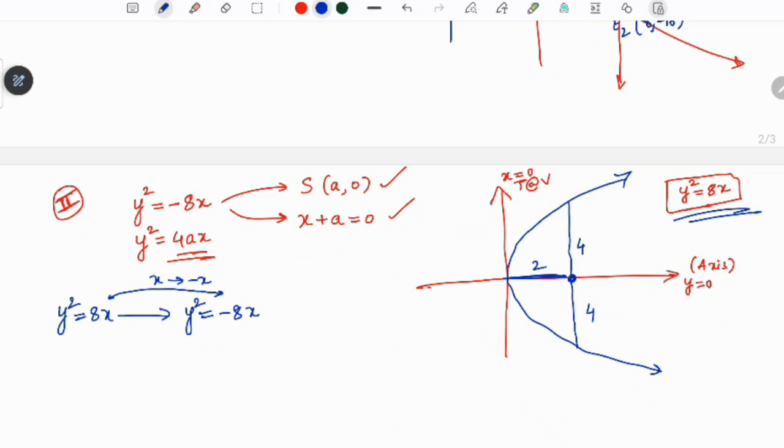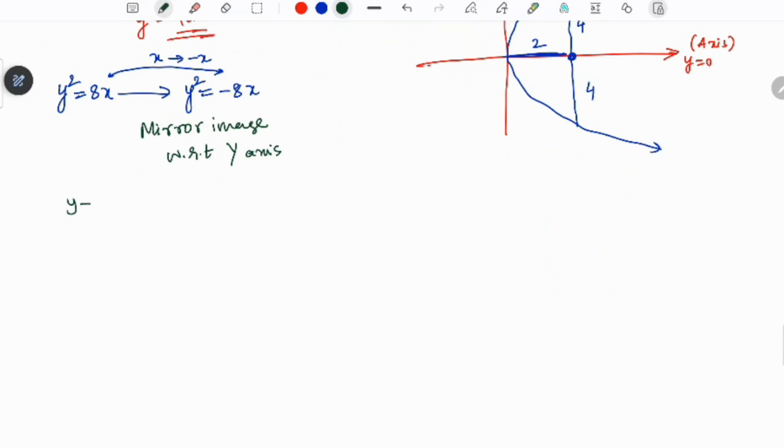In place of x, you are putting minus x. If the transformation is x becoming minus x, then how will be the resultant graph? You should take the mirror image with respect to which axis? Y axis.